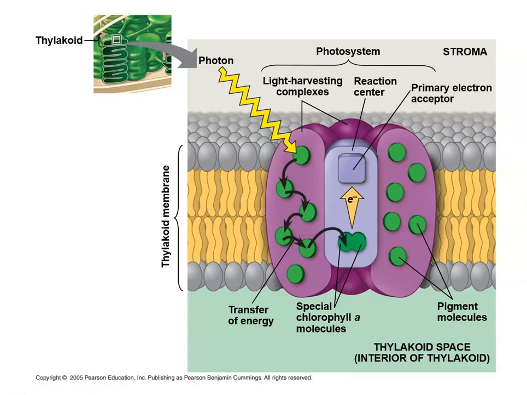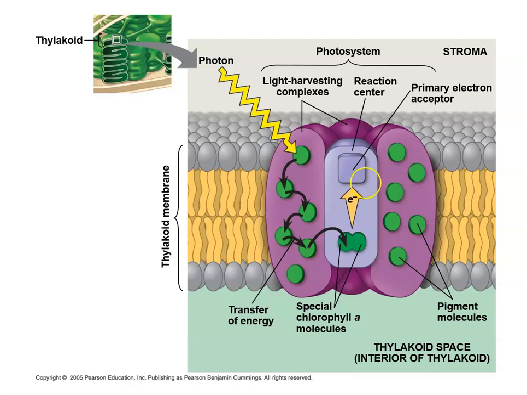We don't need to know the name of a specific compound. You're going to call that the primary electron acceptor, where those electrons are going. Now, they're not going to end there. There's going to be another, like a linear flow of electrons that we're going to follow, but we'll come back to that when we get into the actual steps of photosynthesis. So right now we're just learning about what this photosystem is.